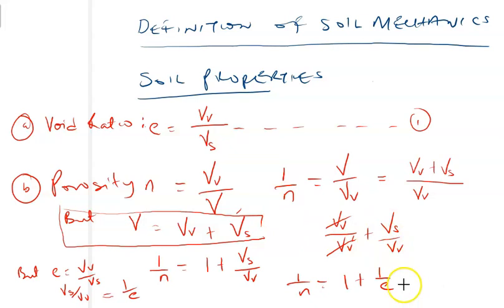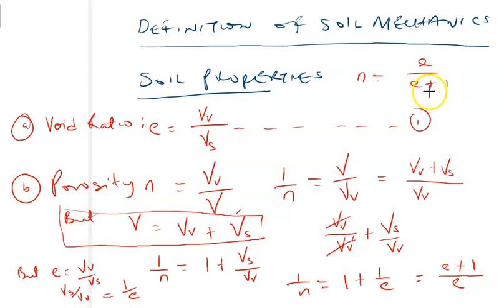So VS over VV. What do we do? The common LCM is E over E in 1, so here we have E plus 1 over E. So we'll have 1 over N is equal to E plus 1 over E, and our N, which is our porosity, will now be equal to E over E plus 1.